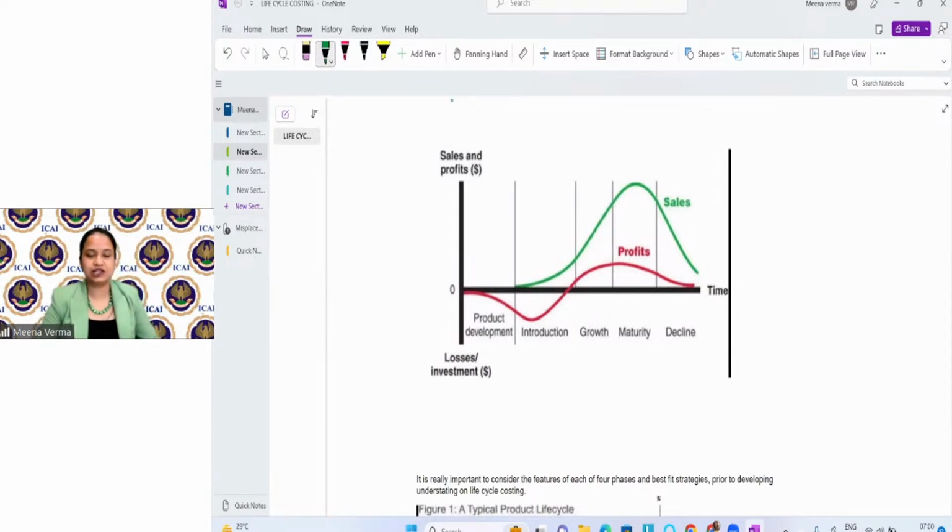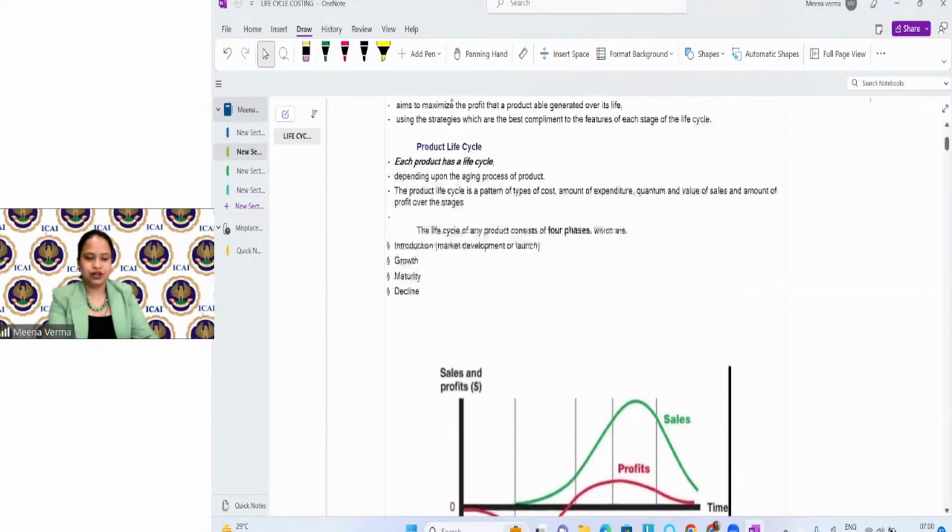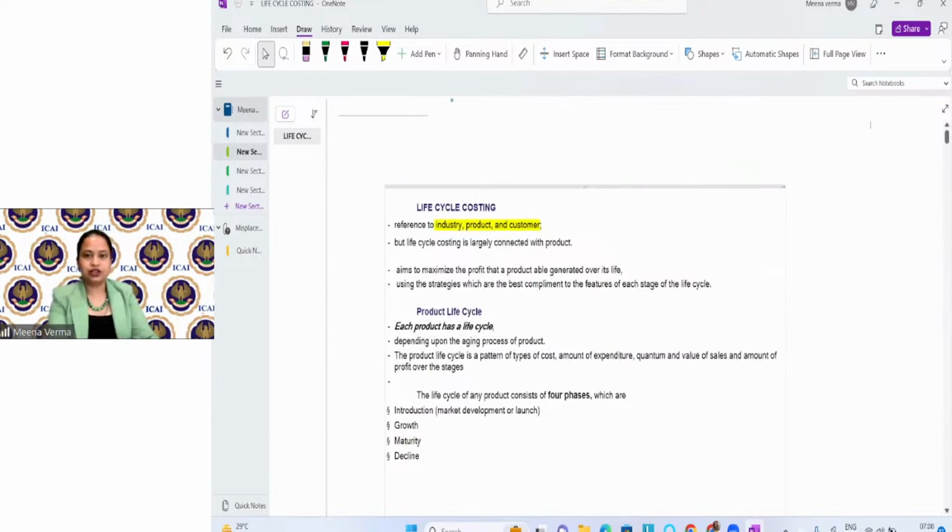If you look in front of us, I have taken a graph. The topic is life cycle costing. Let's first understand what life cycle costing is.